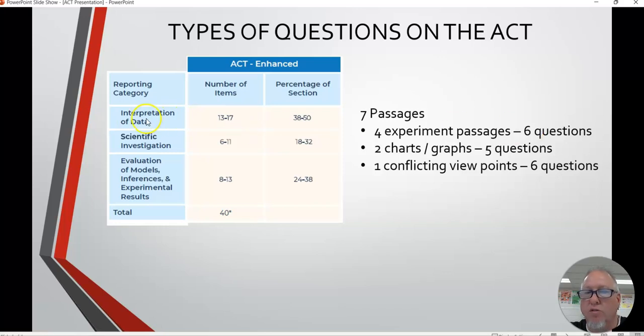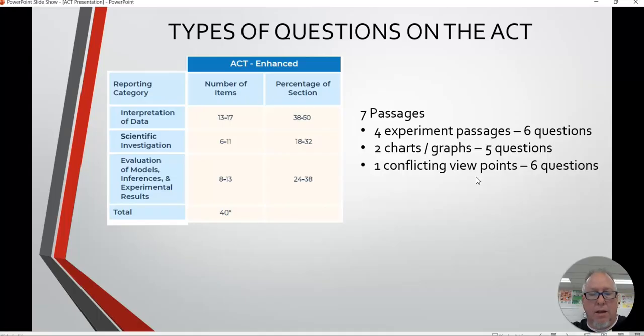They could ask questions from the interpretation of data or scientific investigation or evaluation. Any of these questions could be part of one of the experiment passages. Any of these questions, although probably mostly interpretation of data, is going to relate to charts and graphs. And any of them, but probably a lot about evaluation of models, is going to be in the conflicting viewpoints passage.